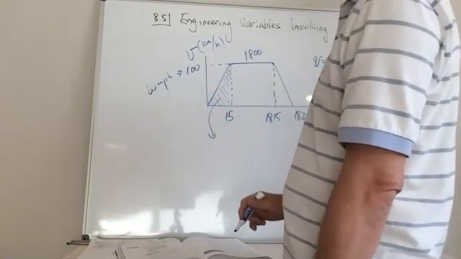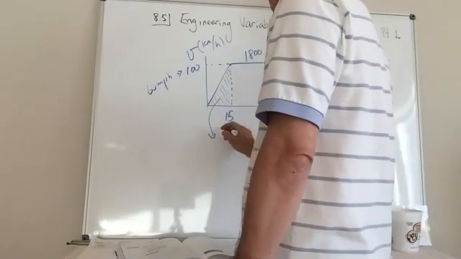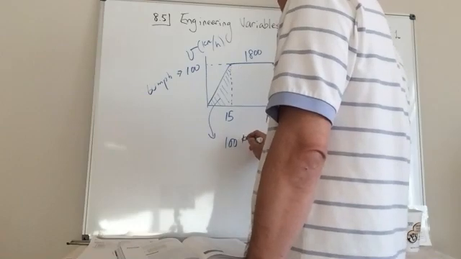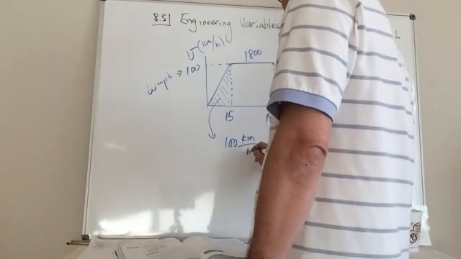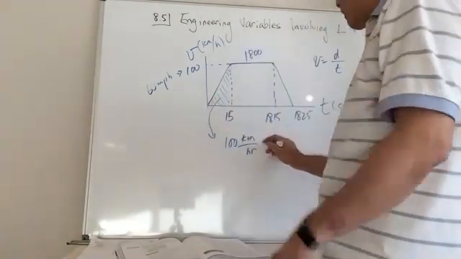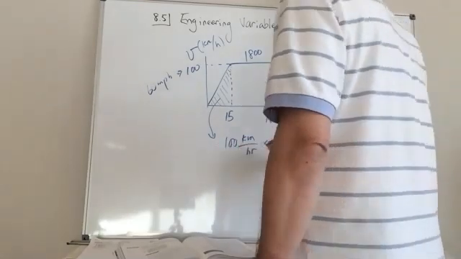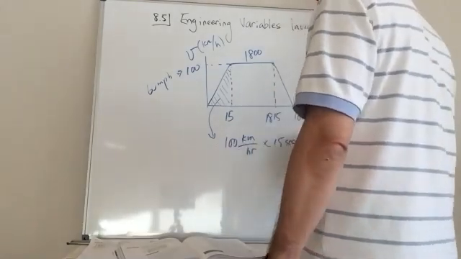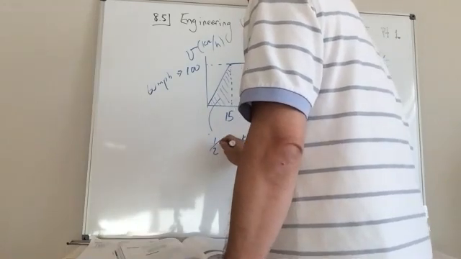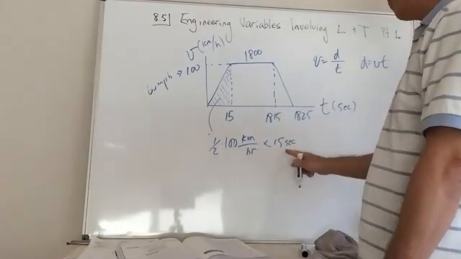So the area of the triangle is what? I have 100 kilometers per hour, so this height is 100 kilometers per hour. The base is 15 seconds. Then I have to multiply by 1/2, because it's a triangle, 1/2 base times the height.